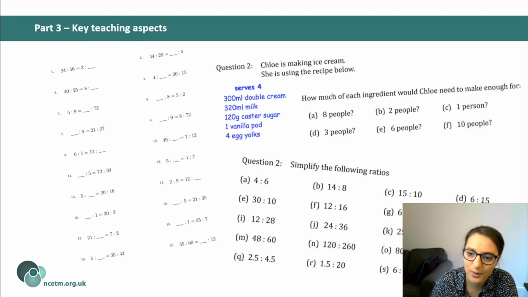So this is thinking about variation and how we include variation in questions, so that we are always referring back to drawing attention to that mathematical structure.